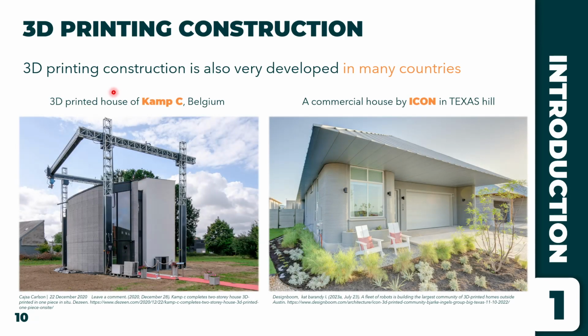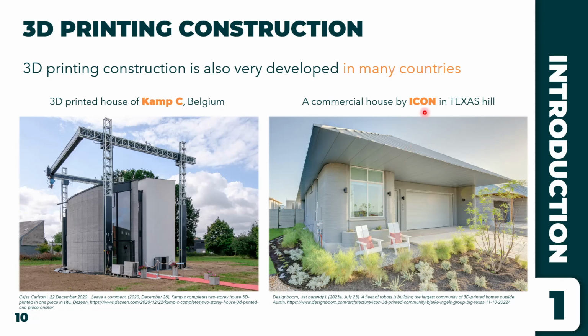Here we see a house which was printed by KMC in Belgium in 2020. This house has a very impressive thing: it is a one single component house which was printed by a very large printer. On the right side of the slide, it is a commercial house by Icon company in Texas Hills.